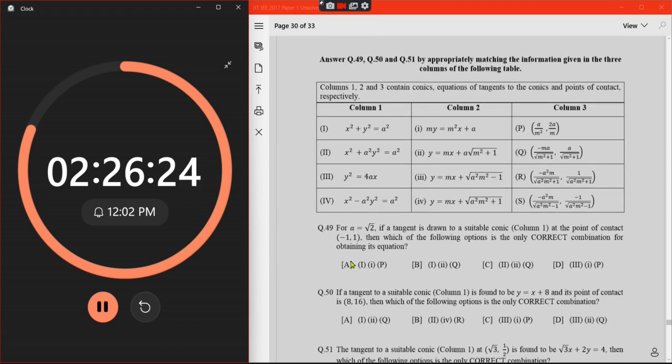What difference does it make, right? So 1 with 2, so only correct combination, okay? Is first with 2? No. Second with 4, it's an ellipse over there, x square upon a square plus y square upon, yeah, okay, so 4 looks correct. And then r, okay, 4 and then r, which is this thing, negative a square m square upon blah blah blah, whatever.